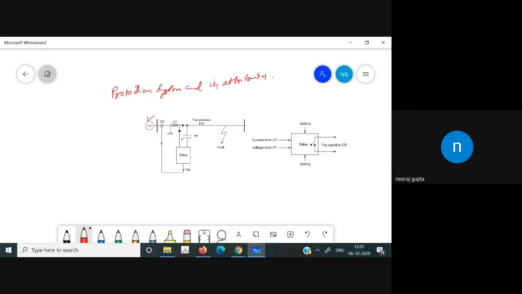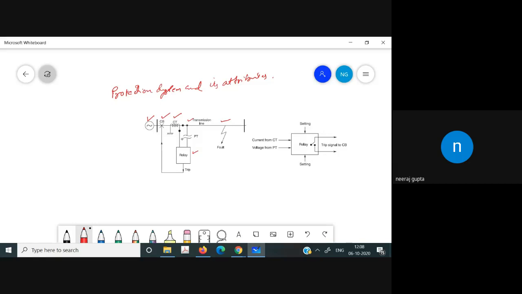In this system, we have the generator. Then we have the transmission line, and we are protecting the transmission line. In the transmission line, we have the current transformer CT, and this connection is of PT. Then we have the relay, and this is the circuit breaker.